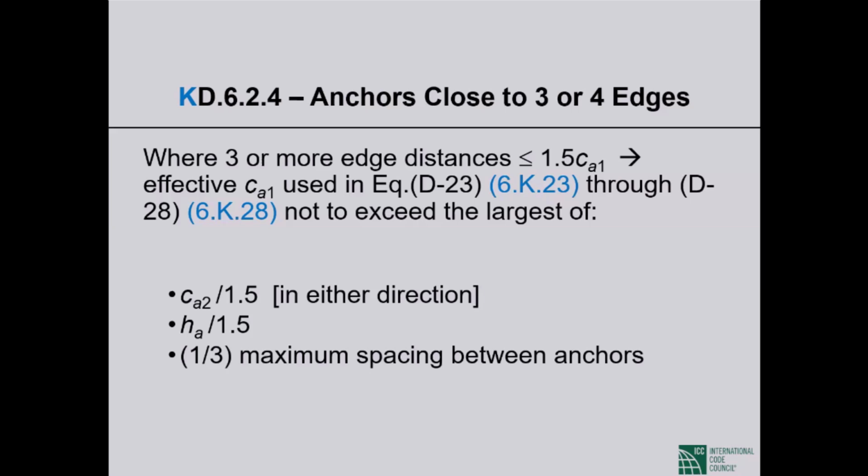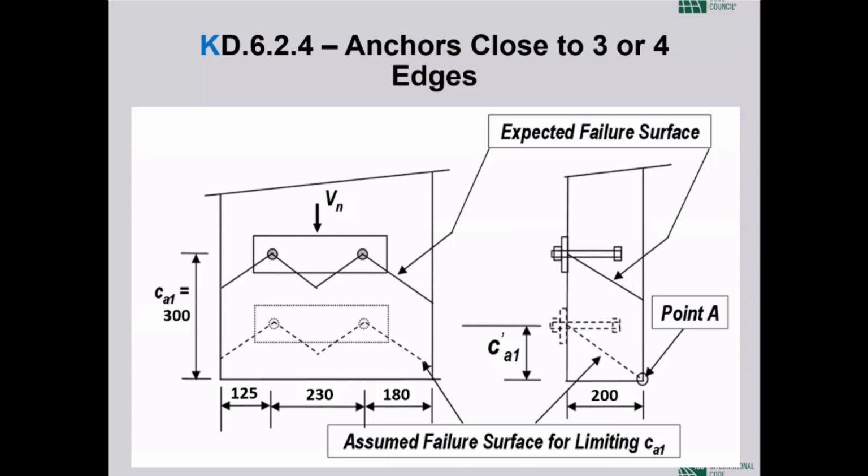So where 3 or more edge distances are less than or equal to 1.5 times C sub A1, then we will have to adjust: instead of actual C sub A1, we will have to use a reduced effective C sub A1. Let me just go to the example, and I will tell you what it is supposed to be.